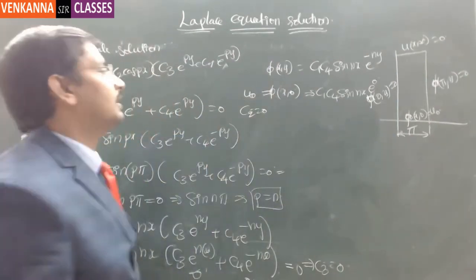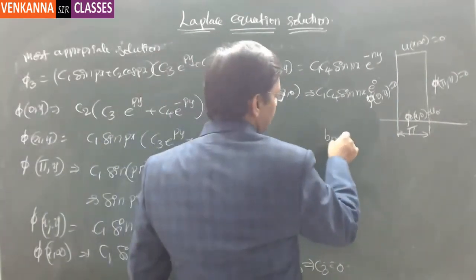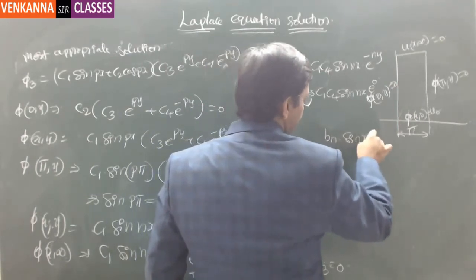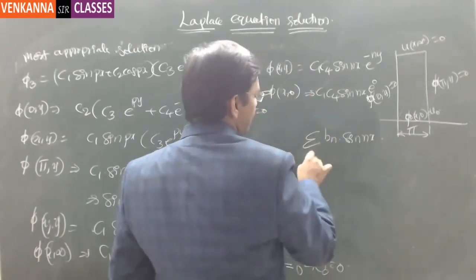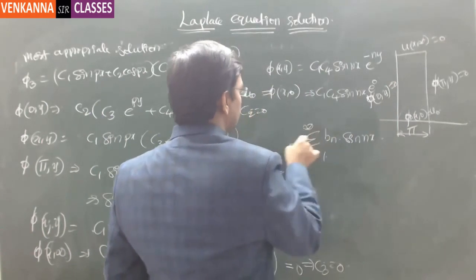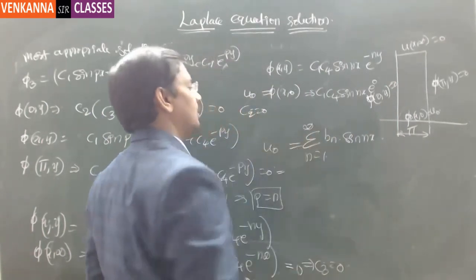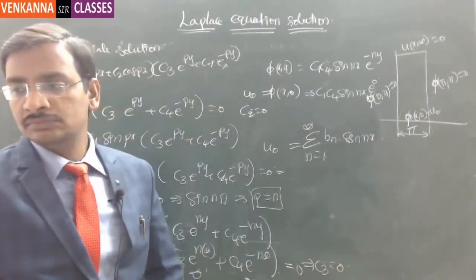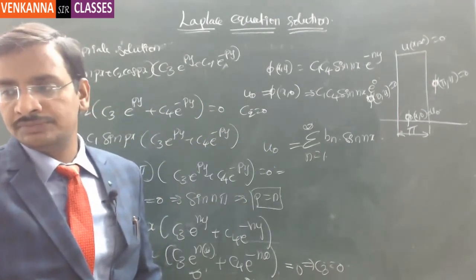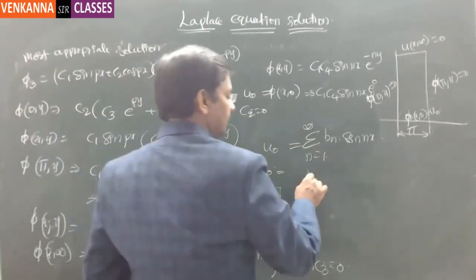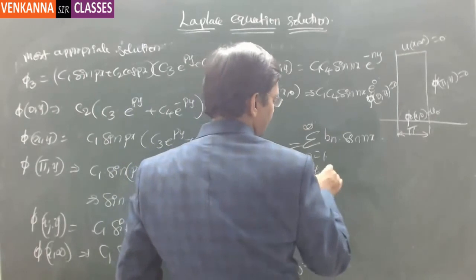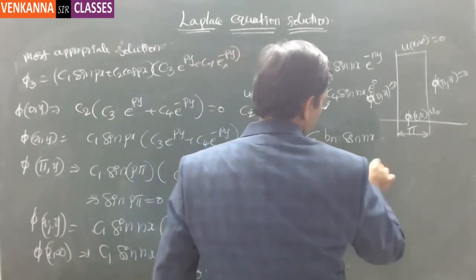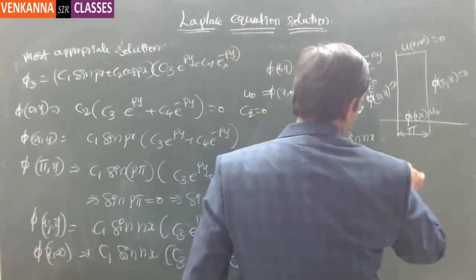Now as I told you earlier, this is Bn sin nx, sigma n is equal to 1 to infinite. This value is coming out to be u naught. Got it? Then Bn, so this is a half range, a Fourier half range sine series.